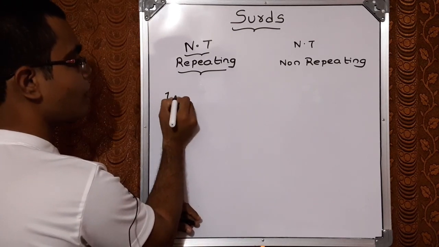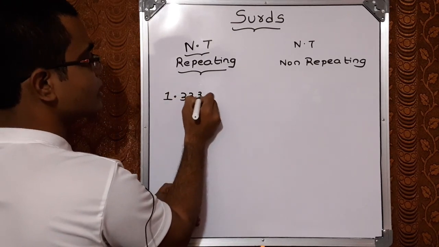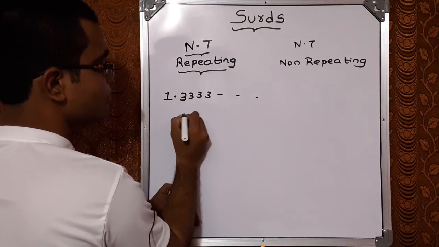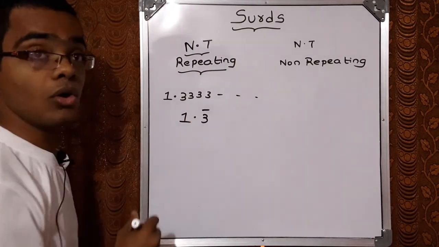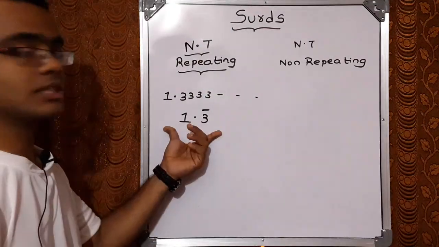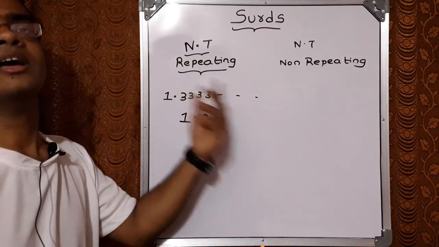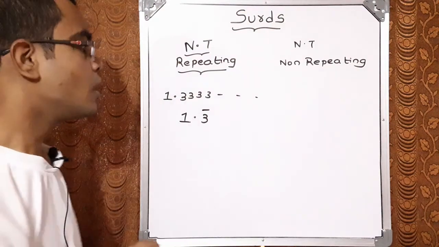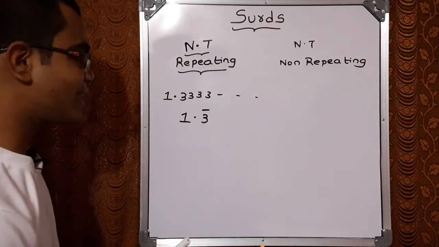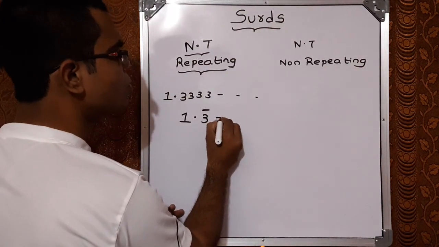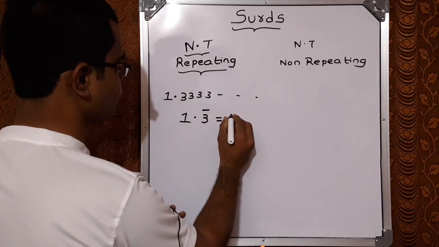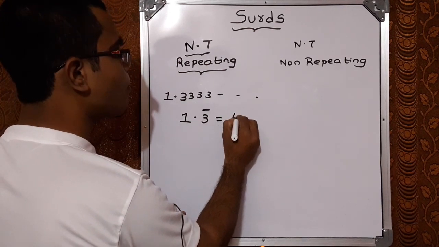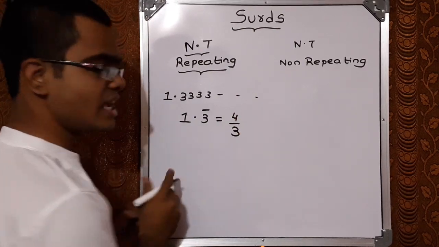Let's write it as 1.3333 so on up to infinity. This we generally represent as 1.3 bar. This bar is used for representation of infinite decimals. Now this 1.3 bar can be written as 4 by 3. Yeah, we can even convert it.